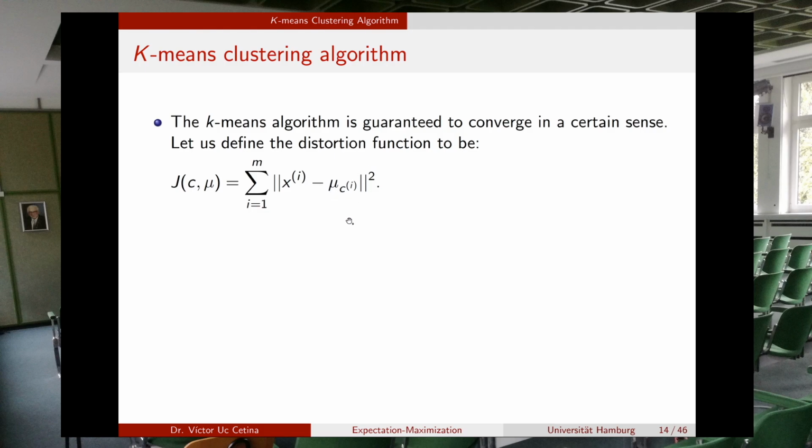So given that you have finished running k-means over some data set, you can compute this number, which is the sum of the distance from each of your points to the centroid that was assigned to that point.